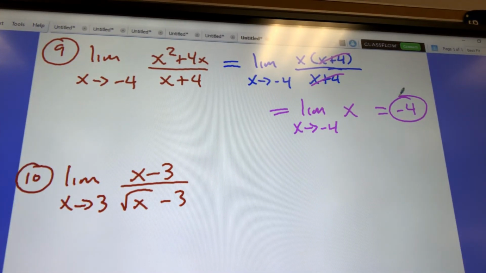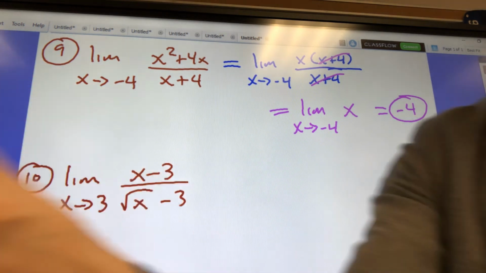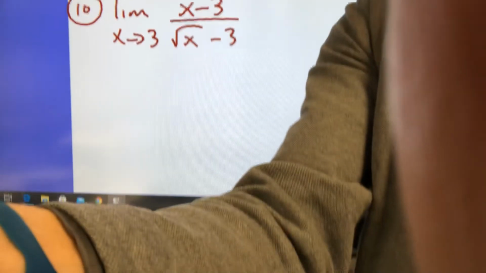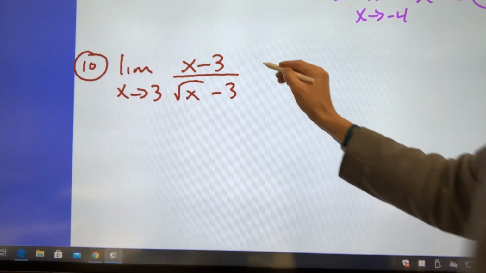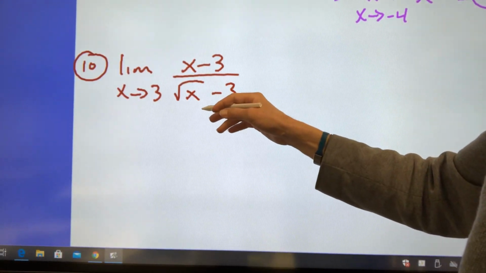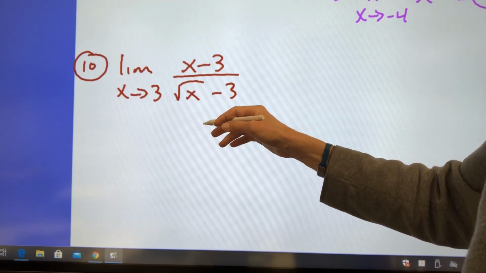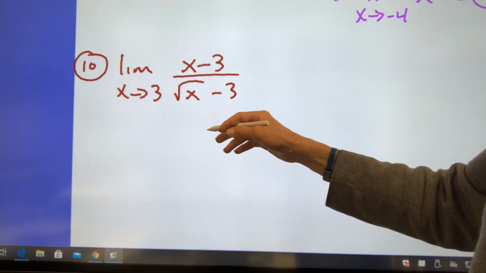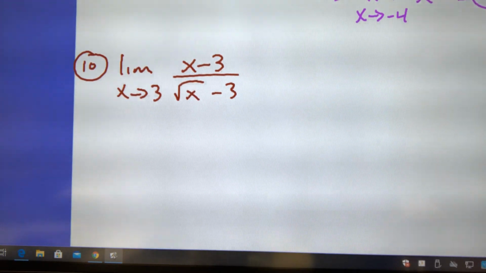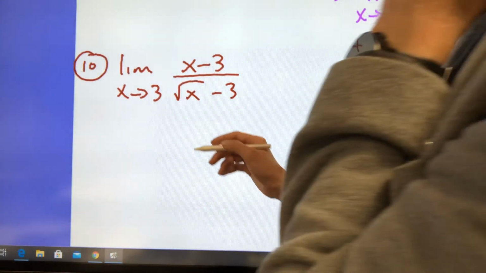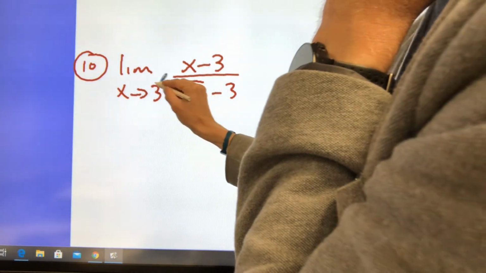All right. Then lastly, 10 here. A lot of times you have a root, you should be thinking conjugate, especially a root in another term. So if I plug 3 in, nope, I made a boo-boo here because when I plug 3 in, I don't get anything actually bad.